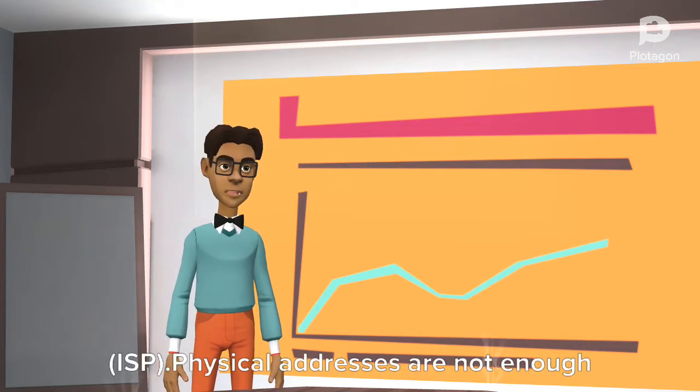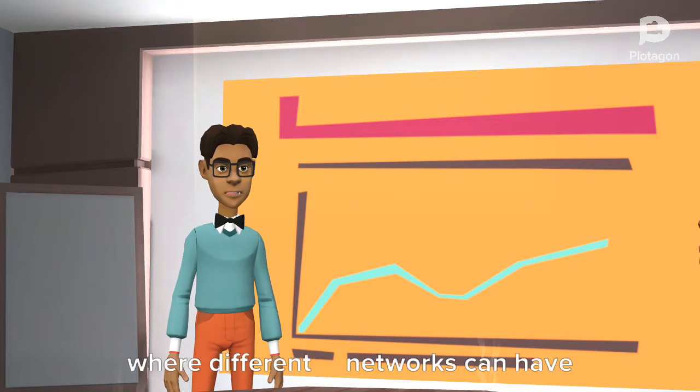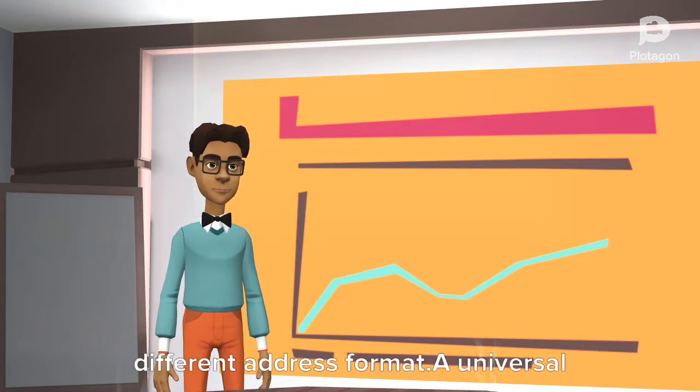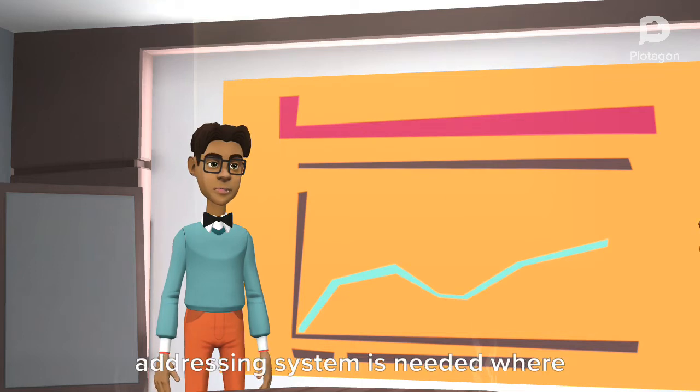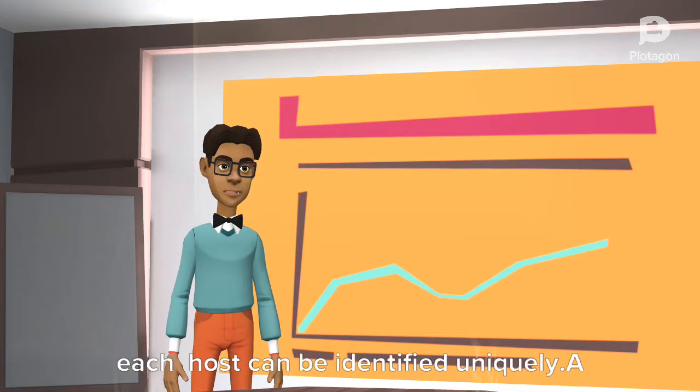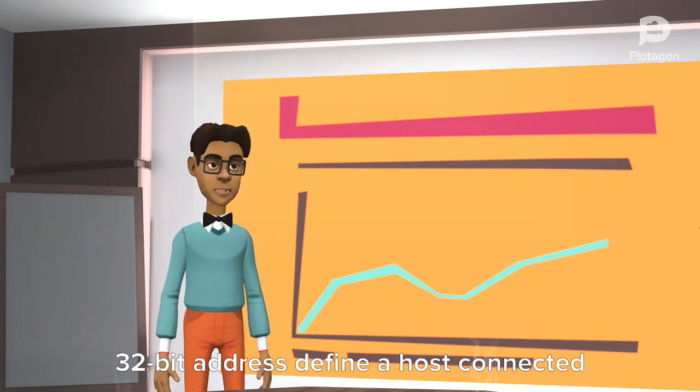Physical addresses are not enough in an internetwork environment where different networks can have different address formats. A universal addressing system is needed where each host can be identified uniquely. A 32-bit address defines a host connected to the Internet.